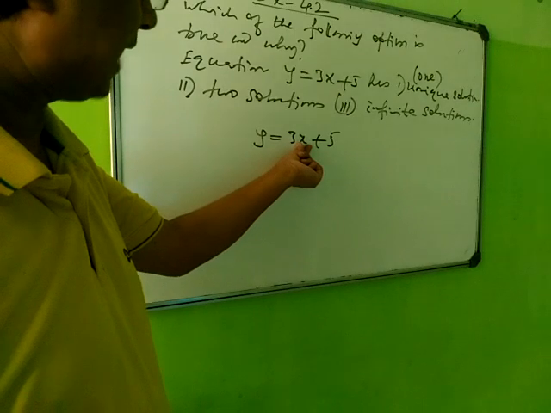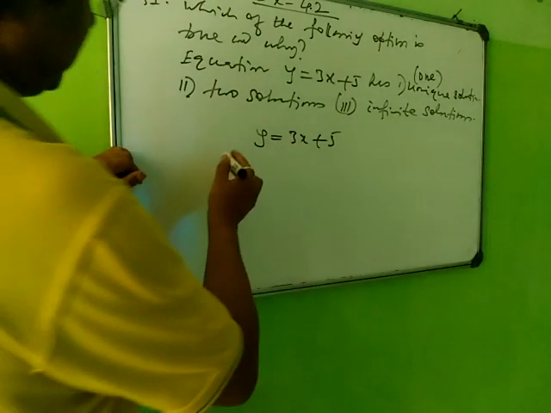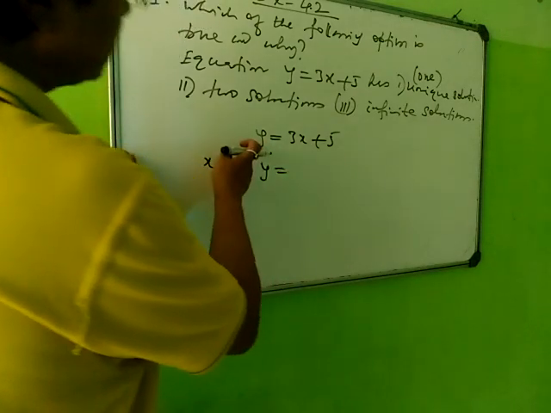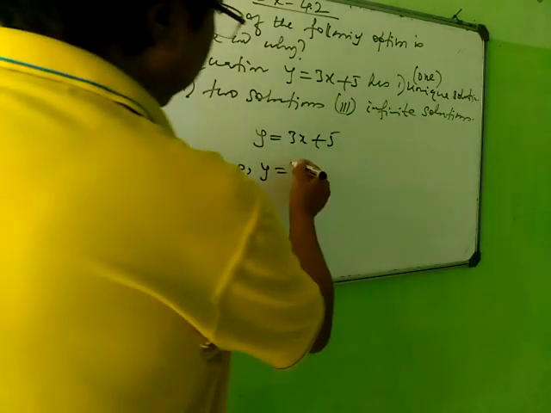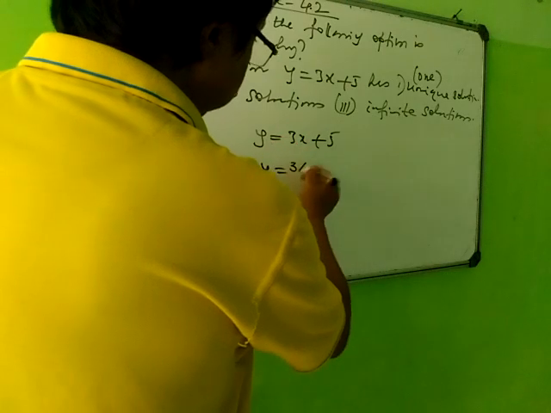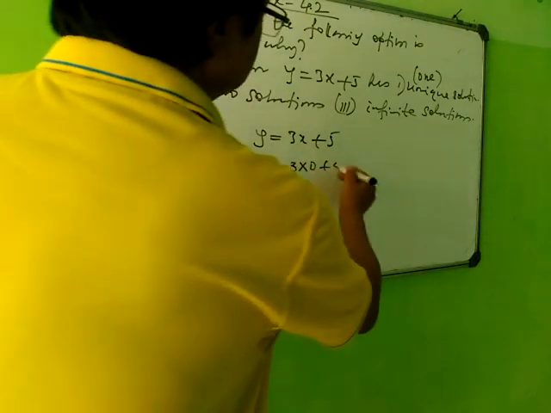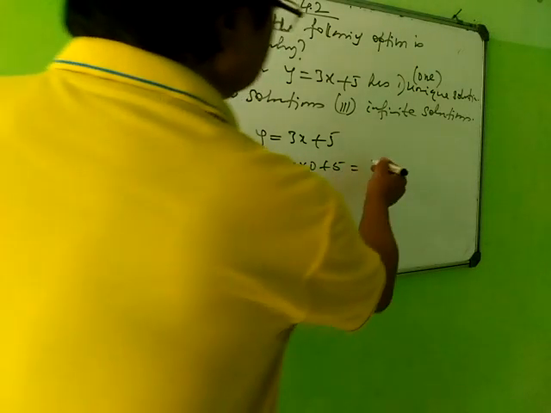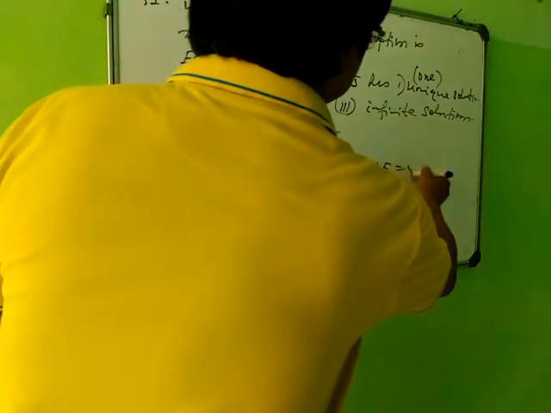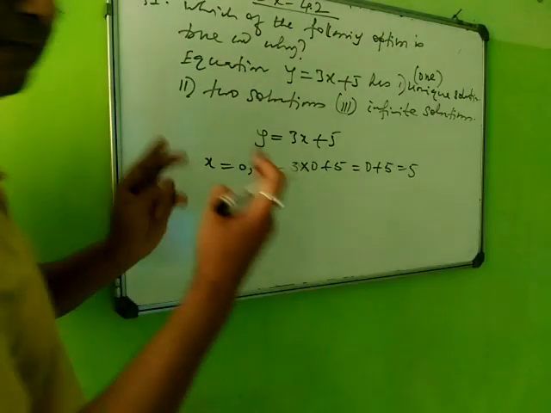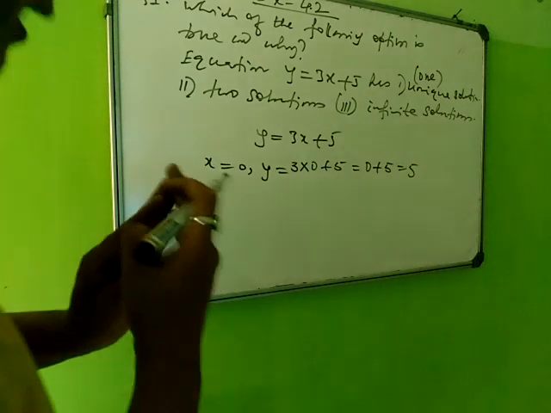So if you take a value of x as say 0, then how much is y? So y equals to 3 into 0 plus 5. You have got 5. That means 0, 5.